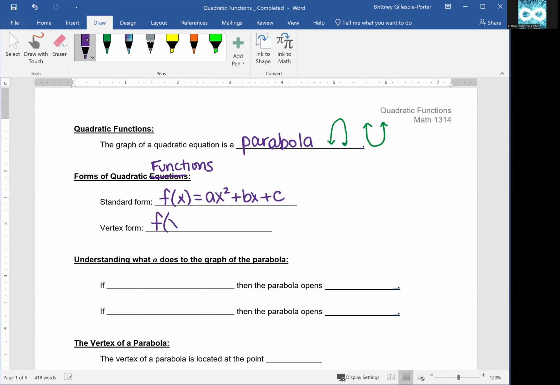That's when we have f of x is equal to a times parentheses x minus h quantity squared plus k. Now, the way to tell the difference between these two, standard form has no parentheses.